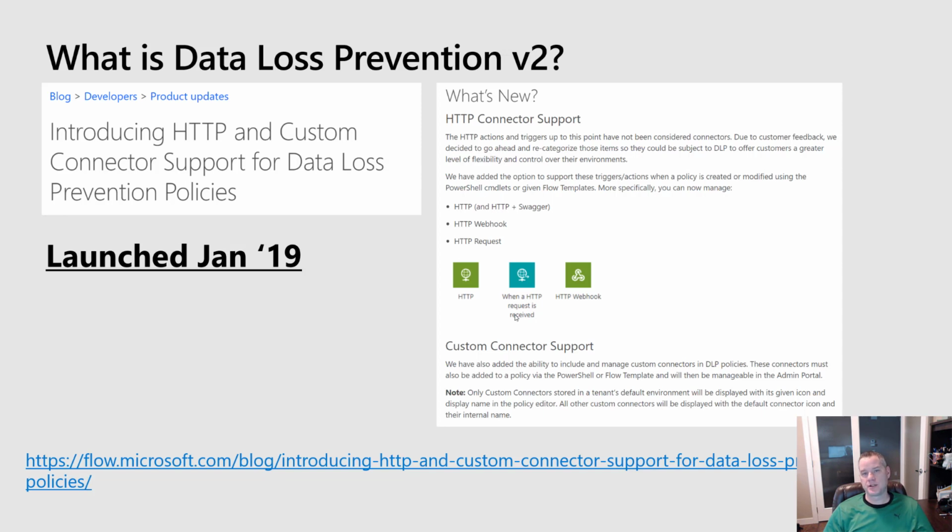So what I would suggest you do is go check out this link. It gives you more details on this. Create all of your DLP policies using PowerShell. Then once you've done that, you can go back into the regular DLP editor that's part of the Flow Admin Center, and you will see these additional connectors or actions/triggers show up, and you can choose which data group you want to include them in. So I would go ahead and check out this link. This is very important.